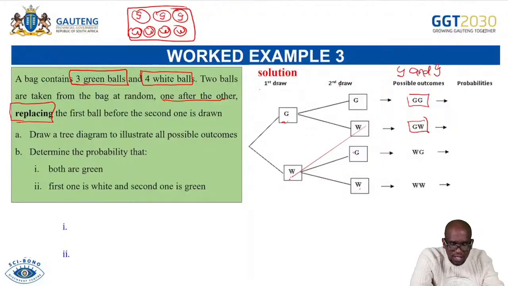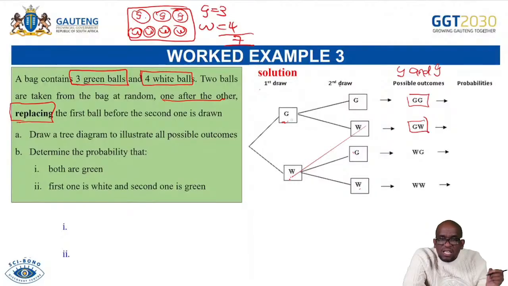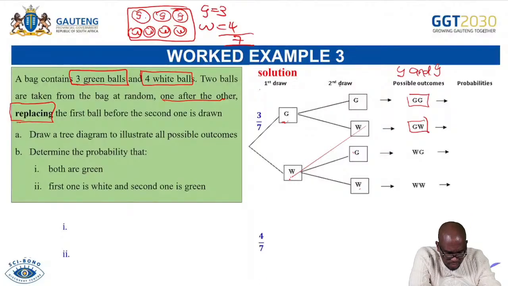So now let's fill in those outcomes. How many green balls do we have? 1, 2, 3. Green is 3, white is 4. A total of 7 balls. So what is the probability that a ball is green? It should be 3 divided by 7, all right? Put that in there, 3 divided by 7. What about white? It's 4 divided by 7, all right?